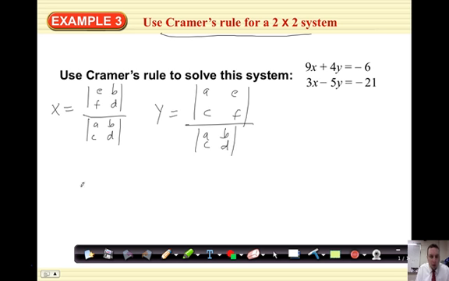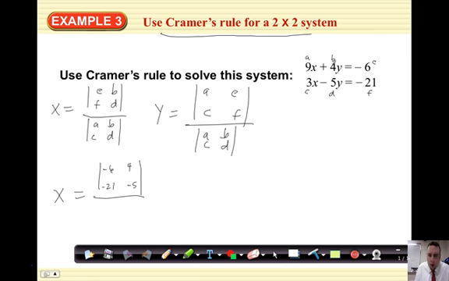Alright, so all we have to do is put in numbers. x is equal to EBFD. What is this? A, B, C, D, E, F. So there's A, B, there's C, D, there's E, there's F, if you remember it all. Okay, hopefully you do. Here we go, EB. Remember this pattern. Negative 6 and 4, and then negative 21 and negative 5.